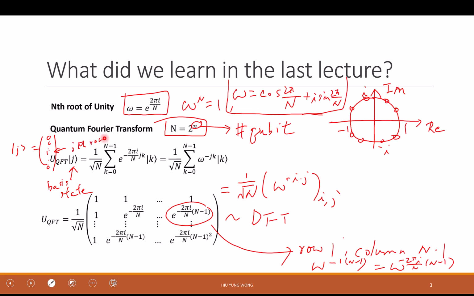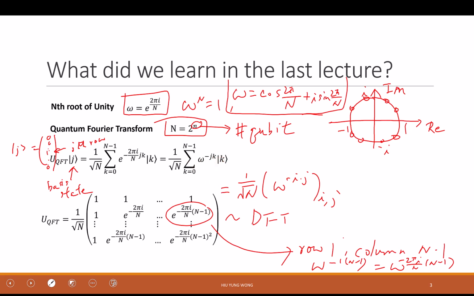So if we apply the quantum Fourier transform to it, you just go through the math. You see that it becomes a superposition of all the basis states, from 0 all the way to n minus 1, weighted by this coefficient, which is omega to the power negative jk.